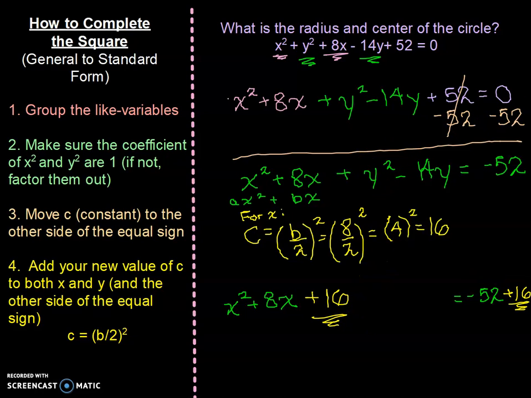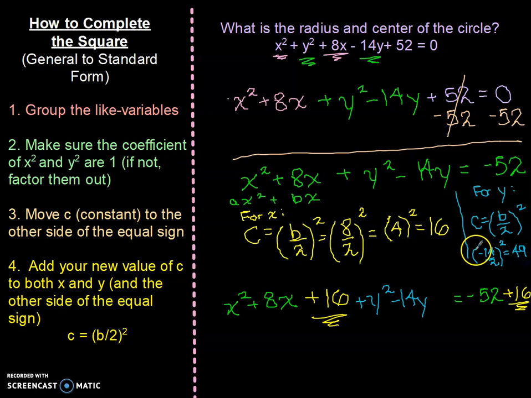And then from here, remember we're doing step 4 twice, once for x, once for y. So this would be plus y squared minus 14y, and then I'm going to find my new value of c for y. So c would equal b over 2 squared. b is negative 14, so negative 14 over 2 is negative 7, and negative 7 squared is 49.